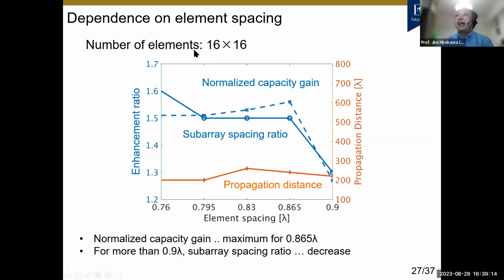This is the result for the 60 by 60 elements. However, when the element spacing is larger than 0.9, the normalized capacity gain is decreased. So we have no effects from introducing subarray spacing for element spacing larger than 0.9 wavelengths.